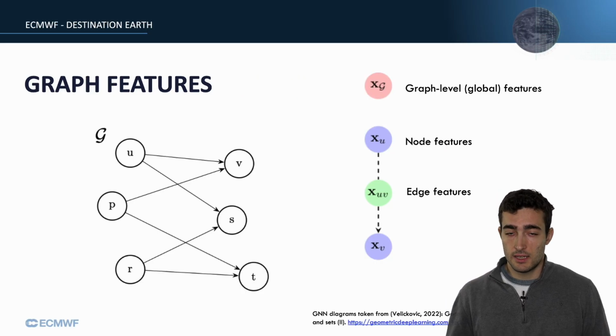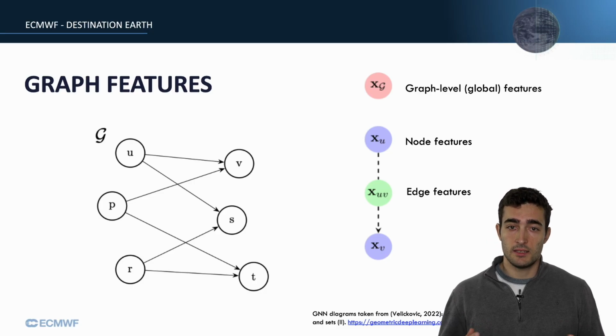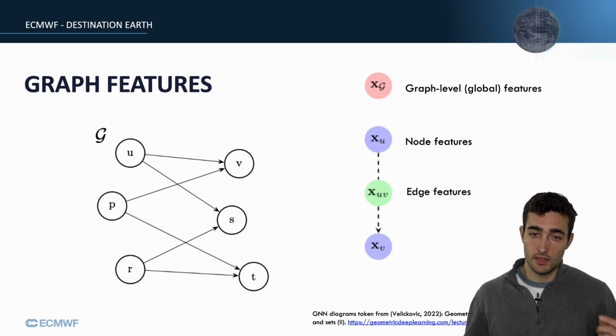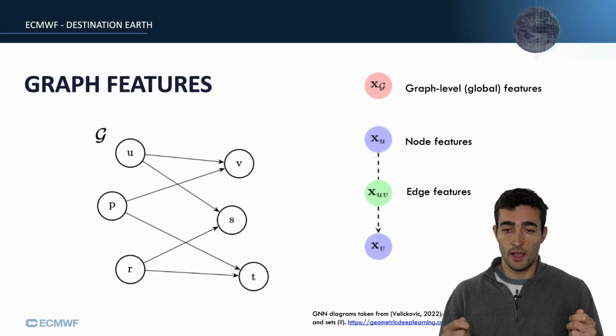So, just coming back, we have motivated why it's important to have the graph, this data structure, to represent unstructured information. And it's important to remember that the graph has two things, right? The nodes and the edges, both of them having features.